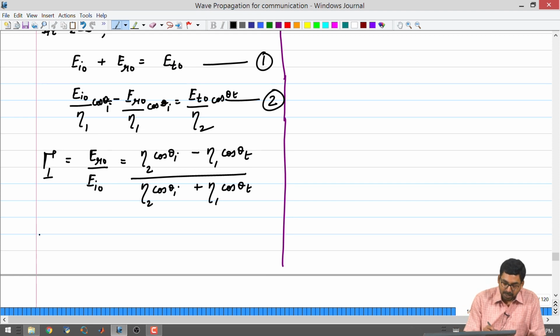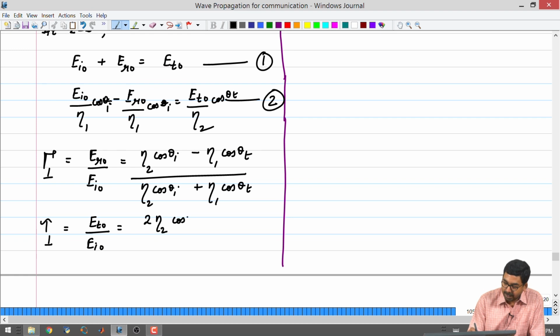Now, once you have calculated this, you can also calculate the transmission coefficient tau, which is ET naught divided by EI naught. From the 2 equations, that is going to look like 2 eta 2 cos theta I divided by eta 2 cos theta I plus eta 1 cos theta t.